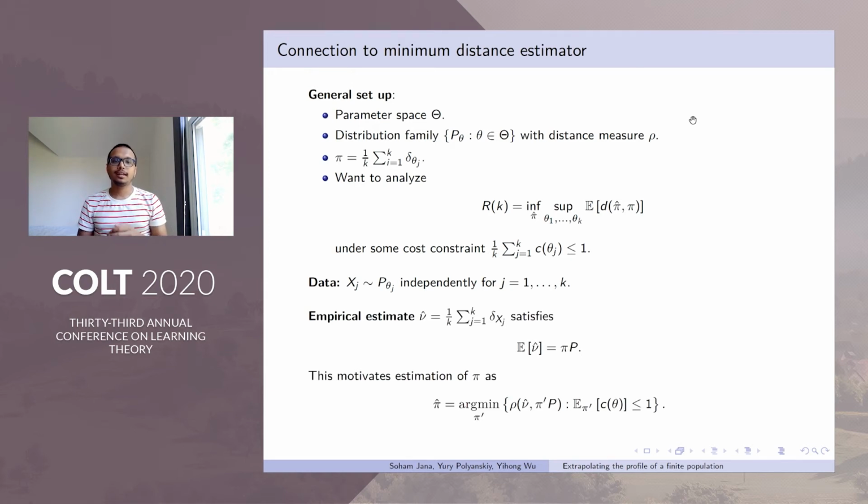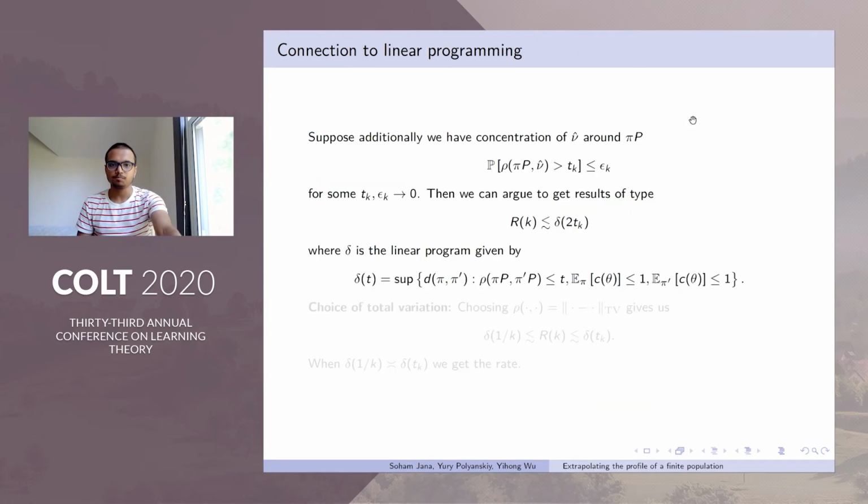Then we can think about an empirical estimate, call it nu hat, where we just plug in xj in place of theta j, and we note that this empirical estimator actually has mean equal to pi p, so it is unbiased for pi p. So we can think about some minimum distance estimator pi hat, where we take nu hat and pi p, get its distance in terms of rho, and then optimize it over all such pi that satisfies the cost constraints.